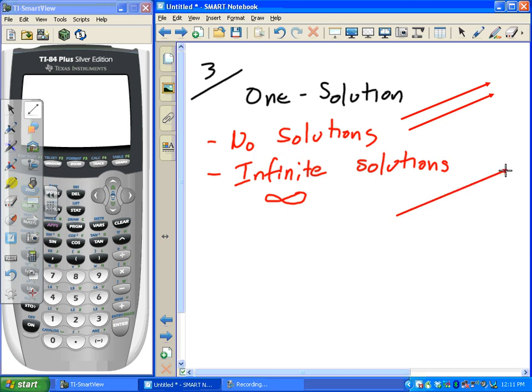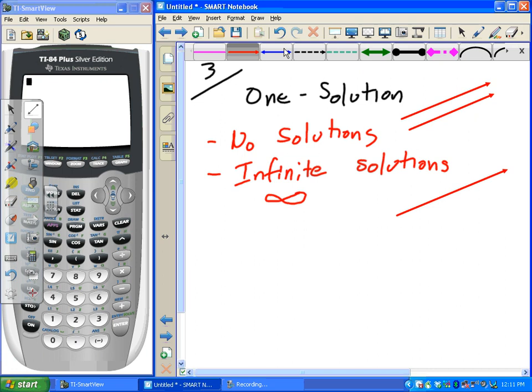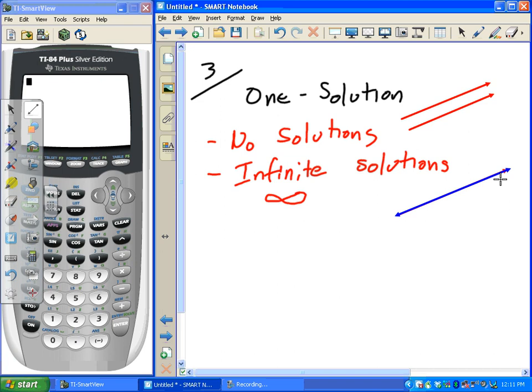We have one line, and I'll do the second one in blue. Infinite amount of solutions would be two lines that have the exact same slope, exact same intercept. In fact, they have the exact same equation. Okay? So infinite amount of solutions are the same equation.